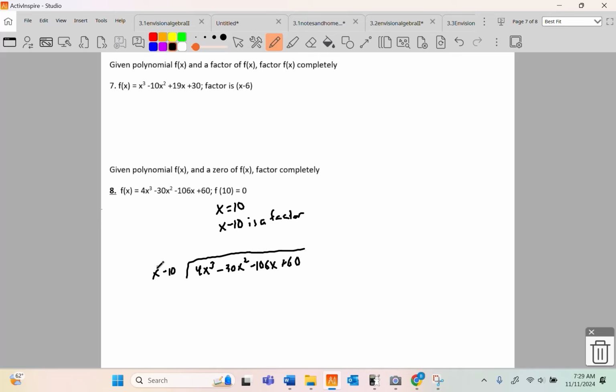And I need 4x squared in this piece because I need 4x cubed. I'll get 4x cubed minus 40x squared. I'm going to go ahead and subtract.